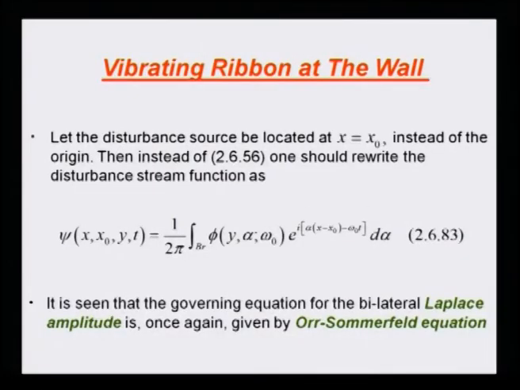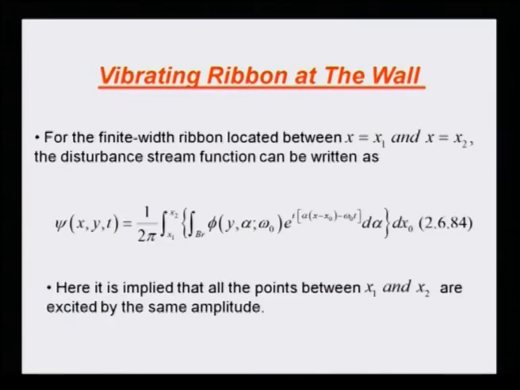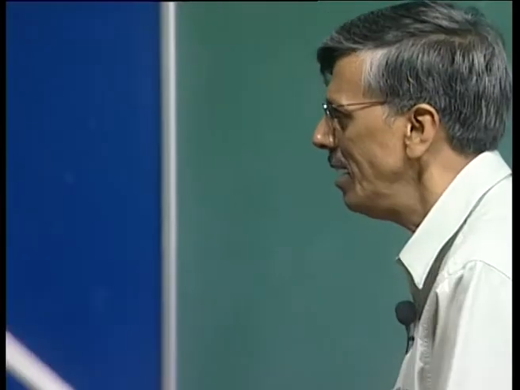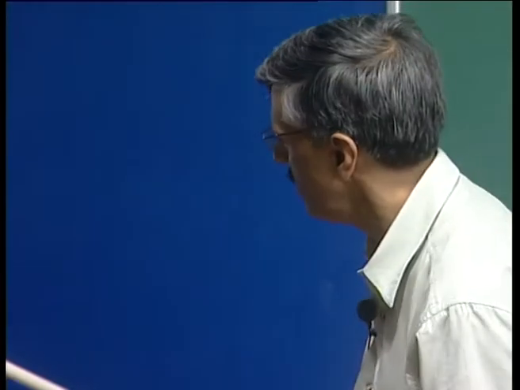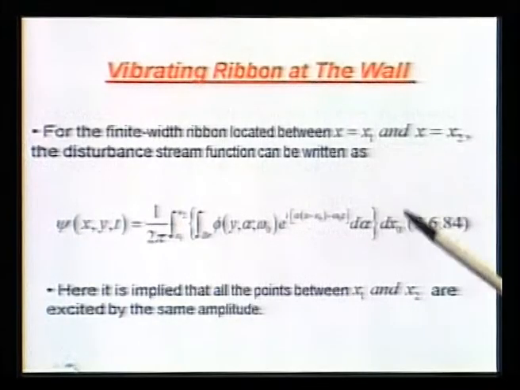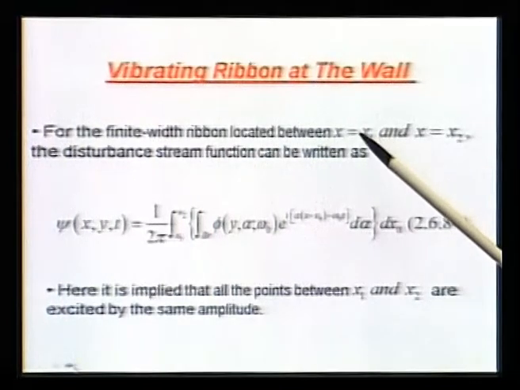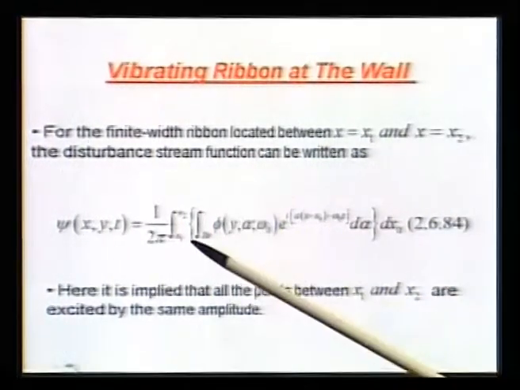So for any point, the governing equation remains the same. What I need to do is take that unit solution where the exciter is at x naught and integrate over a range of x naught going from x1 to x2.